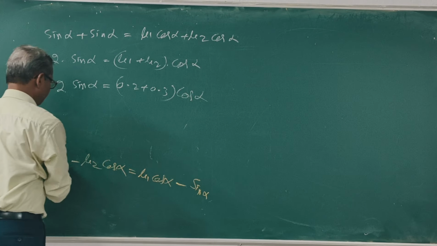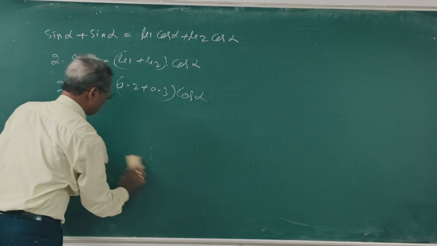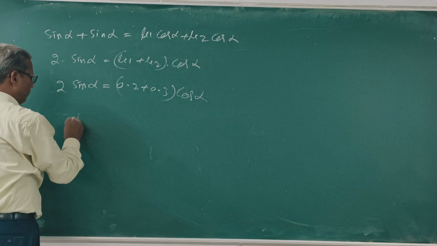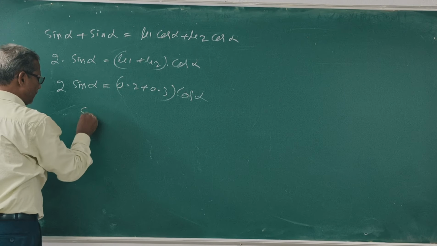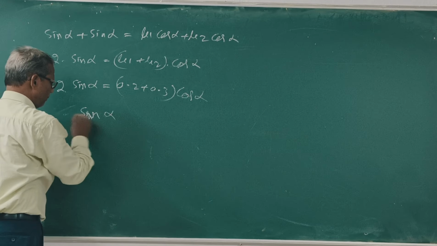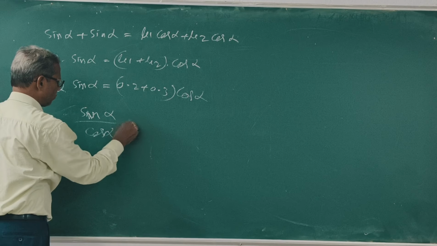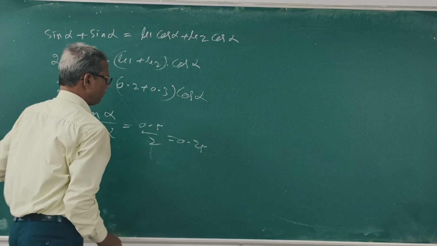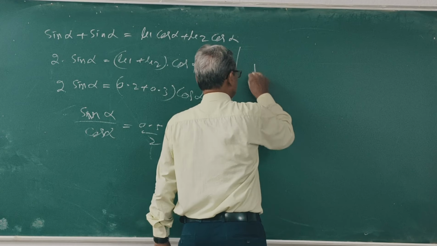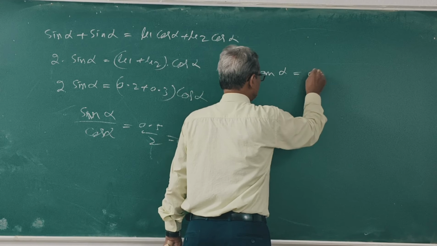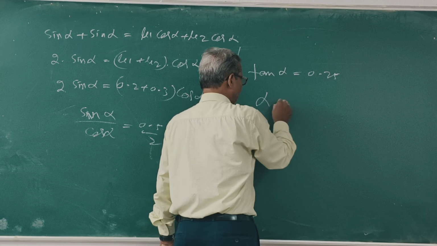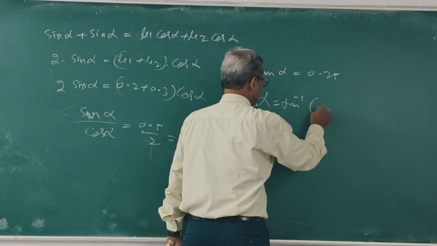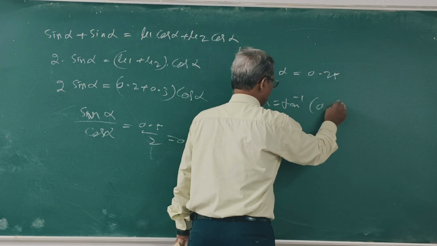What is tan alpha equal to? sin alpha by cos alpha is equal to 0.5 by 2, 0.25. Clear? What is tan alpha equal to? 0.25. What is alpha equal to? Tan inverse 0.25. This is the answer. Clear?